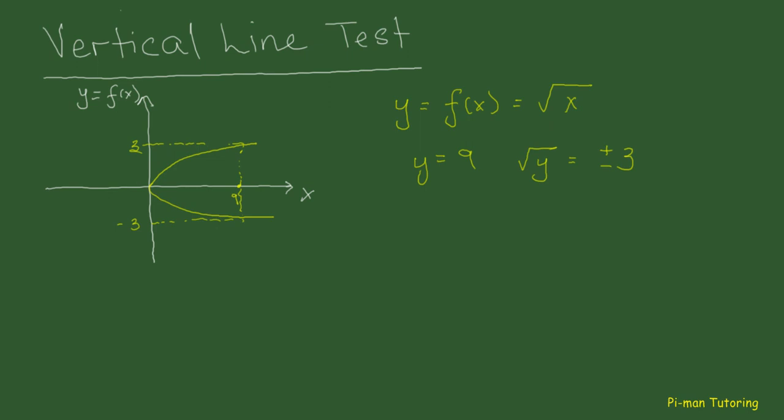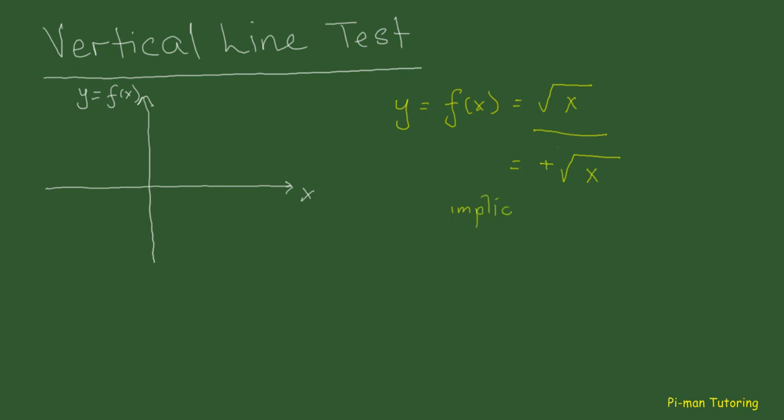But the square root is a special case. When we write the square root of x, we are implicitly saying the positive square root of x. So we're putting an implicit limitation on the range of the function.